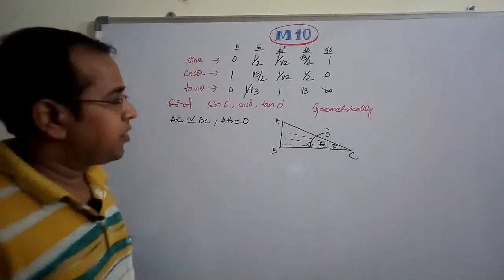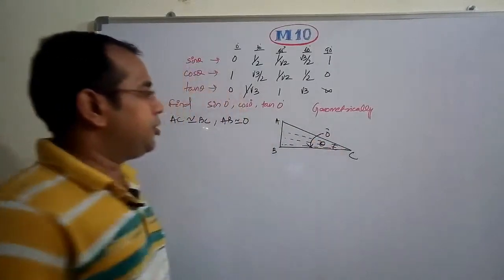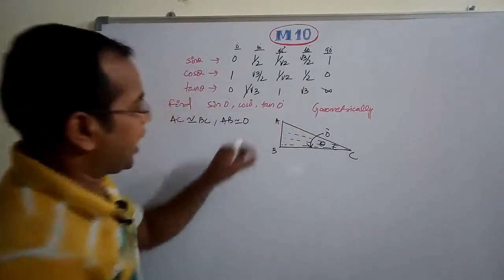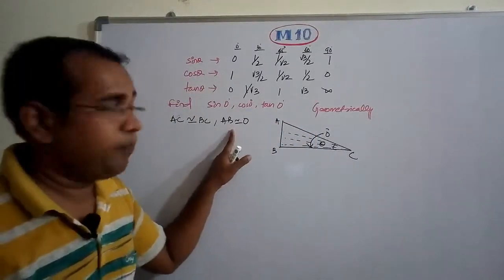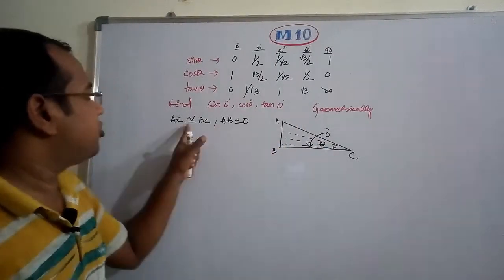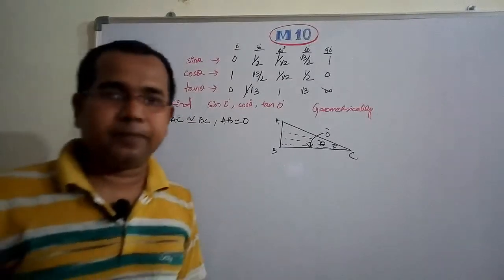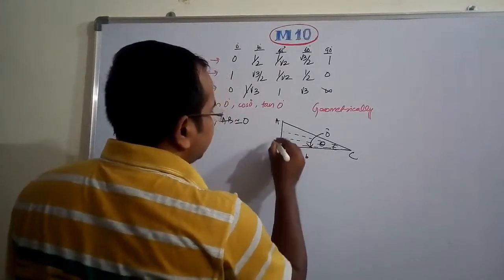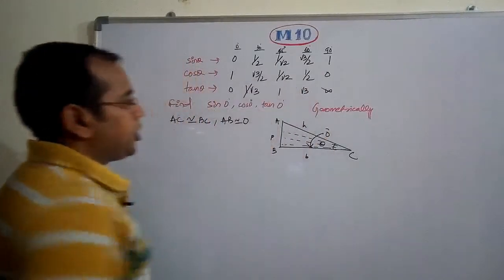I am telling you again, if this angle reduces to 0, that means this side AB will contract and it will be almost equal to 0. If AB is 0, then AC will coincide with BC, that is AC is almost equal to BC. Now this is your base, this is your perpendicular, this is your hypotenuse.